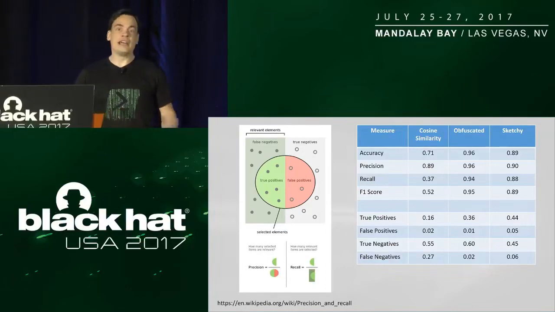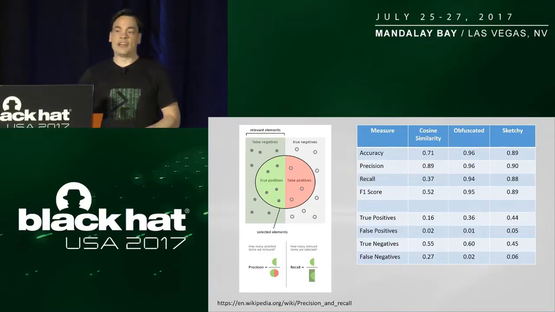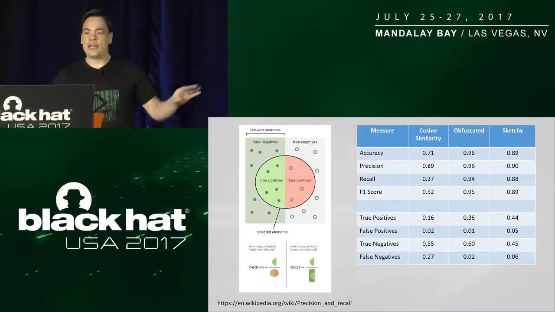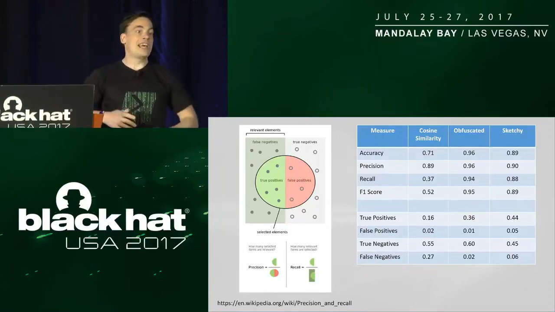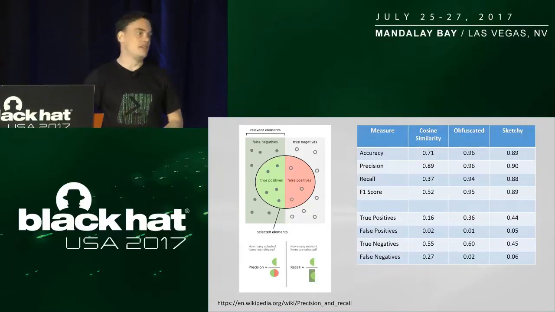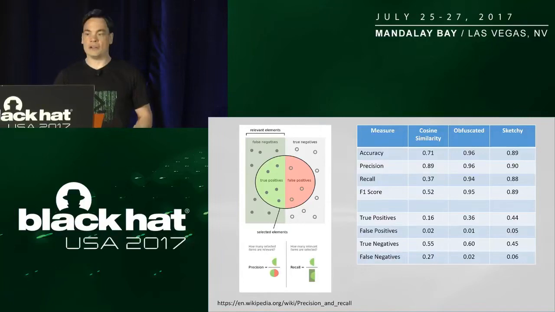You're casting a wider net. And the most important thing here is that the 94% in the wild that we had being caught, when you're casting this wider net, now becomes 97% of in-the-wild PowerShell scripts being caught by this algorithm.